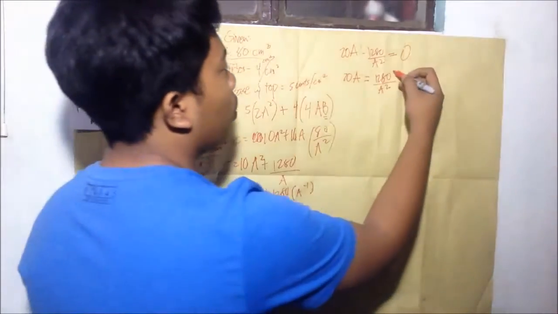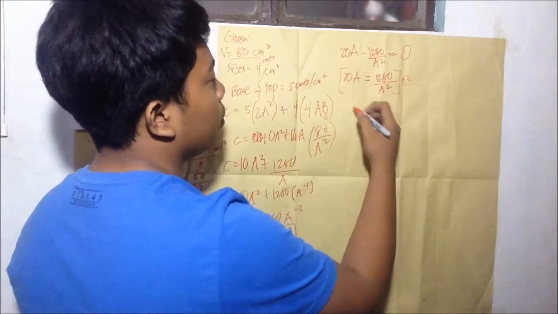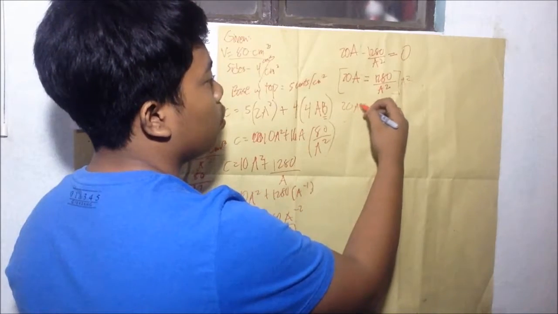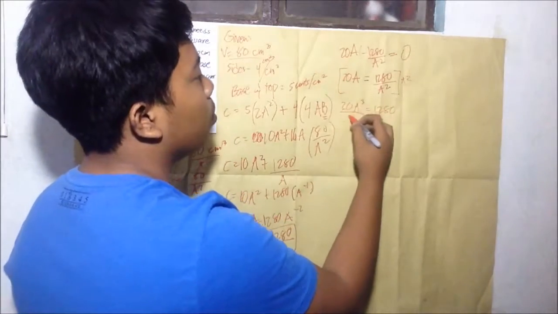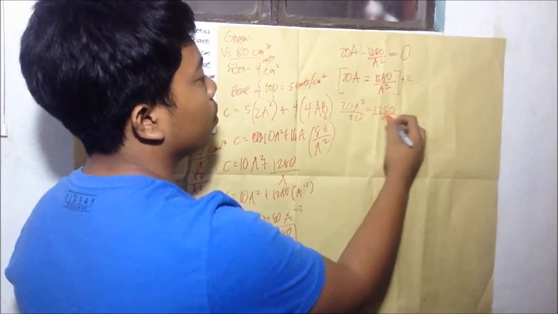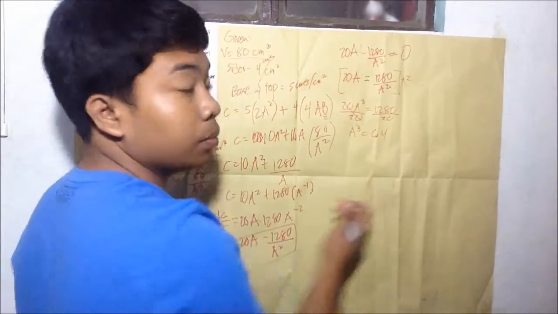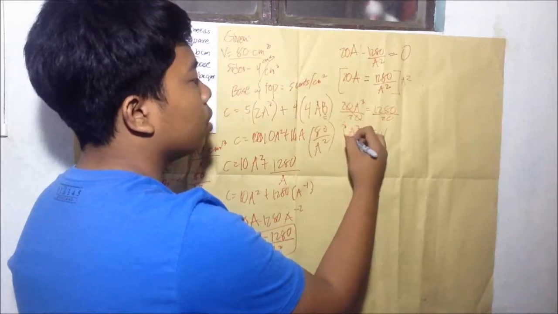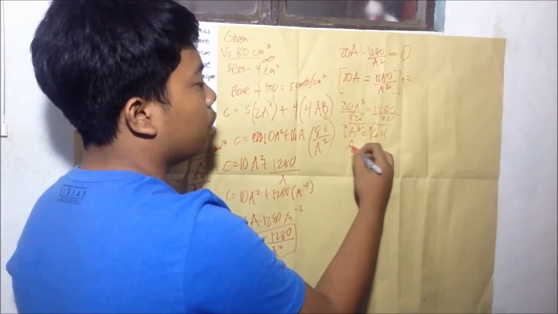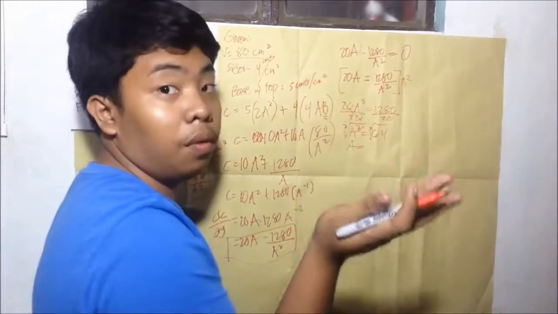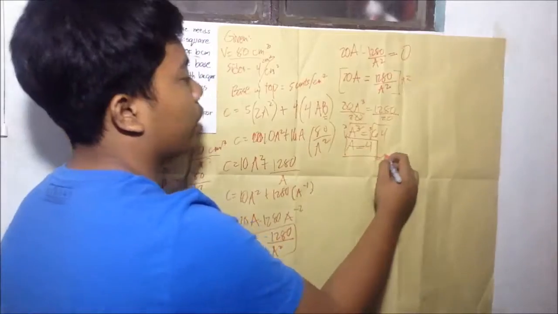After that, multiplying by A squared gives 20A cubed equals 1280. Dividing by 20, A cubed equals 64. Taking the cube root of 64 gives 4. That's our final answer for A.